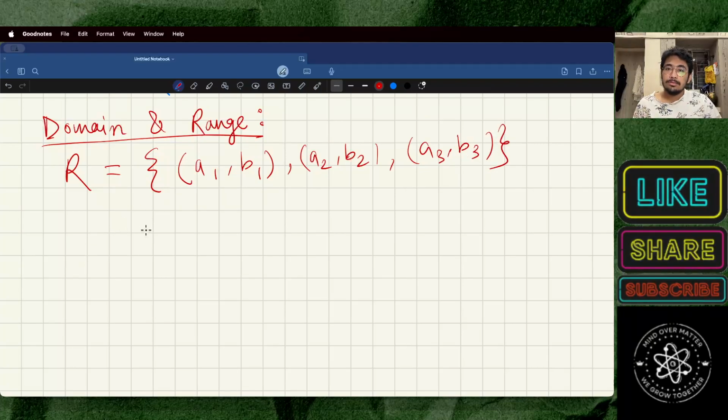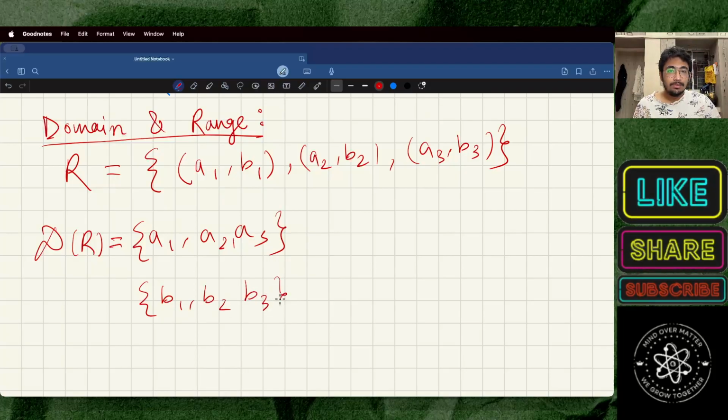Then the set a1, a2, and a3 is called the domain of R, and the set b1, b2, b3 is called the range of R, the range of the relation.